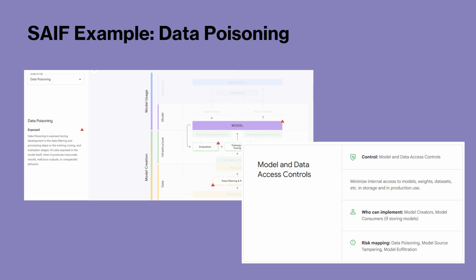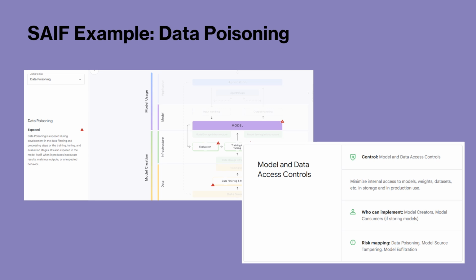What we see pictured here below the jump to task is what is exposed. So this is saying where the risks are. And we can see in the infographic now, we're looking at the model, infrastructure, and data can potentially be impacted or exploited where data poisoning could exist.